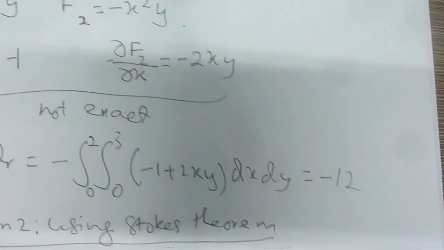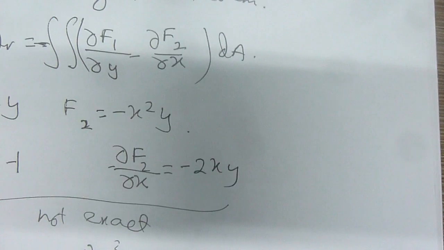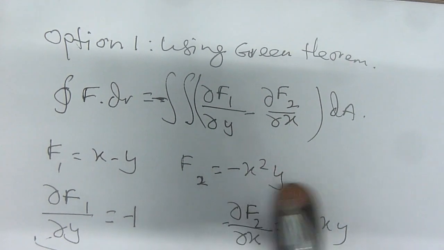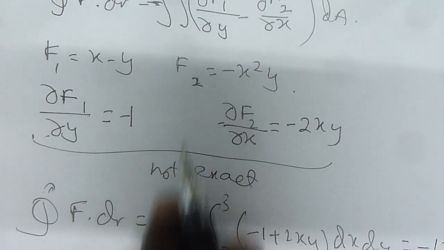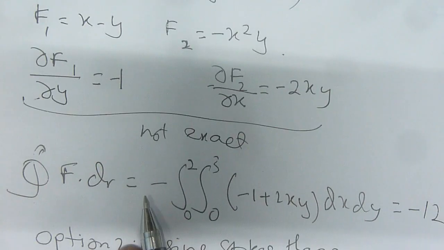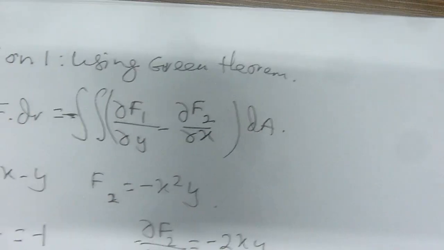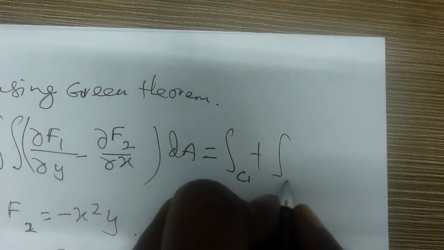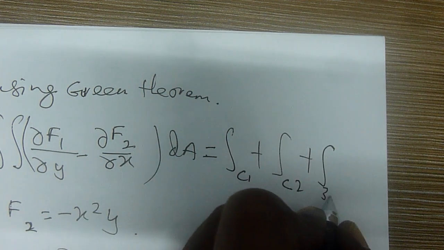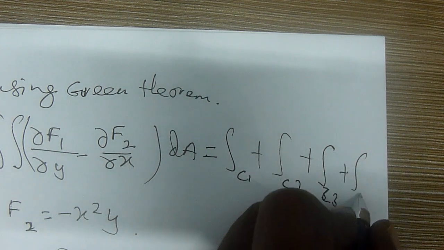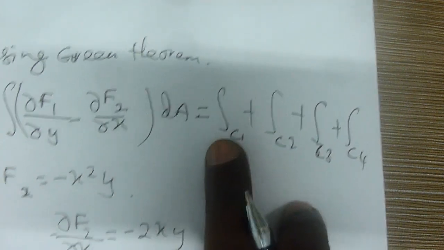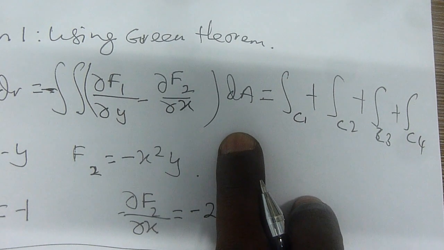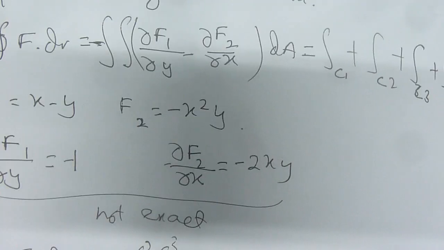Remember, we already solved this problem quite comfortably with option 1, Green's theorem, because it's a closed loop. Otherwise you need to go for C1 plus C2 plus C3 plus C4, and we already cut short all this work in one single step.